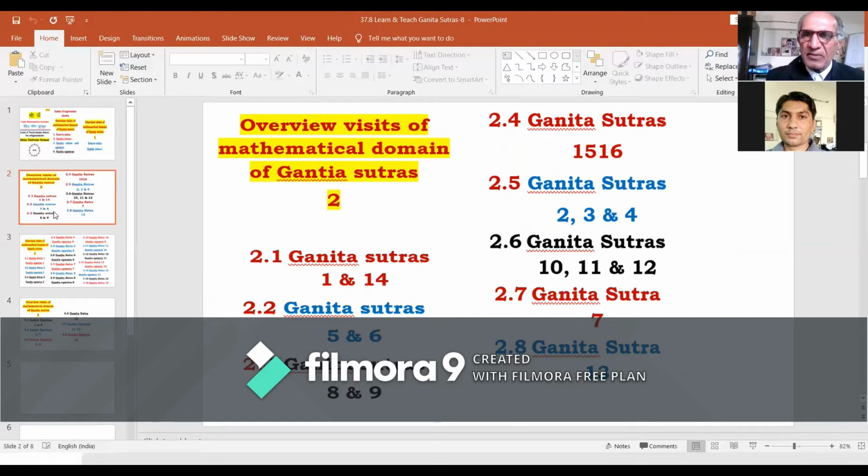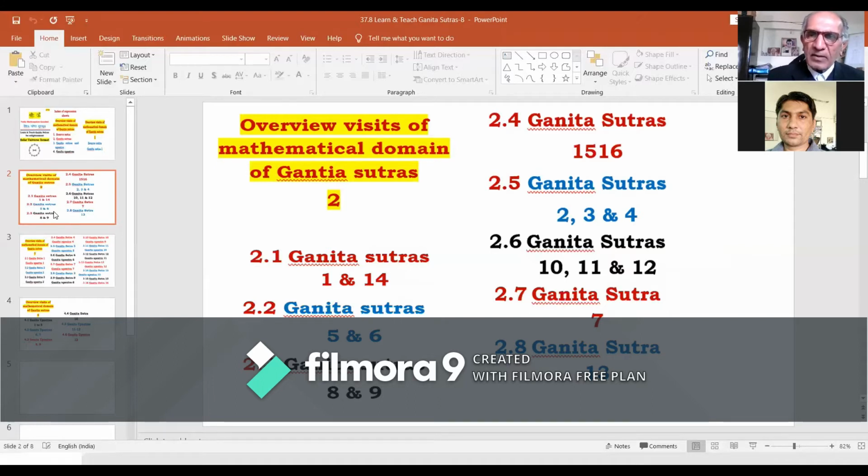This mathematical domain of Ganita Sutras, in terms of the interrelationship of mathematical domains of these sutras, deserves to be overviewed as step 1 as of Ganita Sutras 1 and 14.